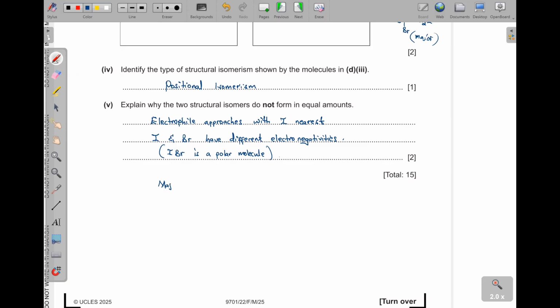You can even say the major product is formed from the secondary carbocation, which is more stable than the primary carbocation, like that.